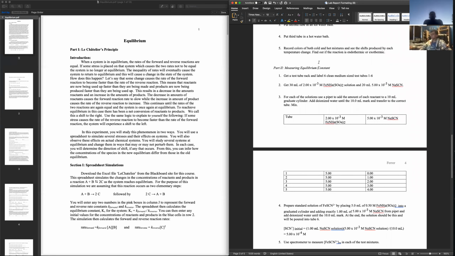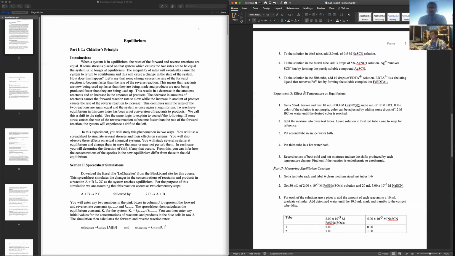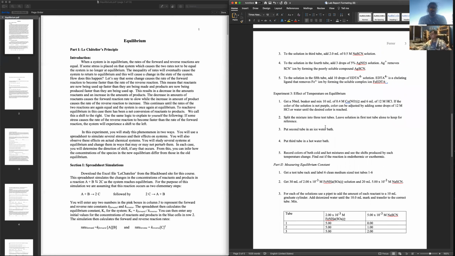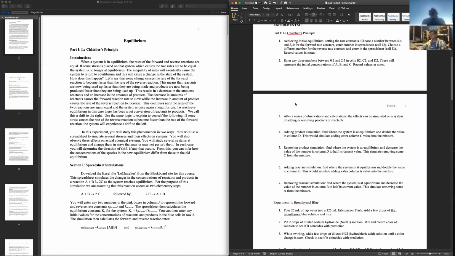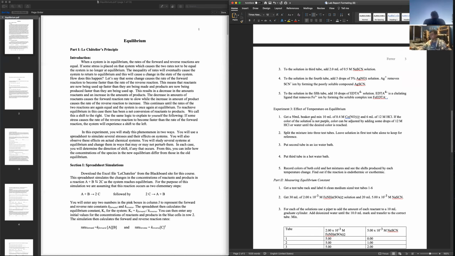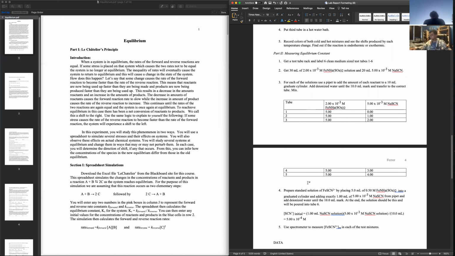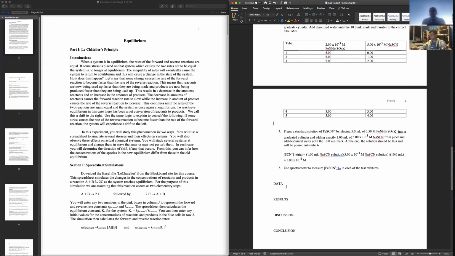Good amount is done, as always. It's good. No data part because we're not actually in lab.